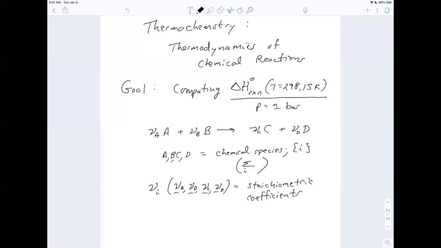So at the moment, we're only interested in this delta H of this reaction. And this delta H of the reaction takes as its initial state A and B separated, and its final state is C and D separated. All we want to know is if I had some A and some B to begin with, what's the total enthalpy of that combination? They're not mixed yet, they're just there.